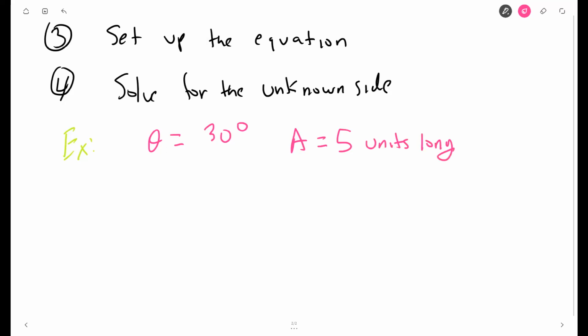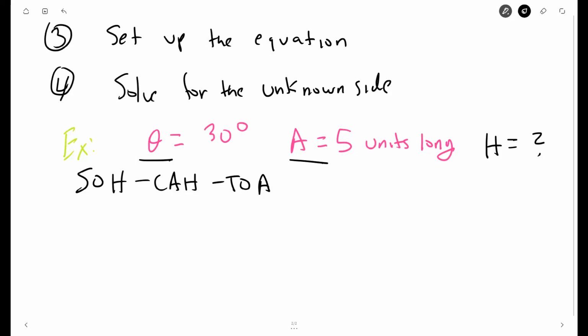So we're going to look at the SOH-CAH-TOA diagram. You're given adjacent and theta, and you're going to be asked to find the hypotenuse.